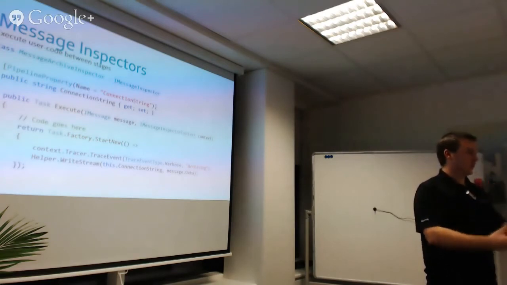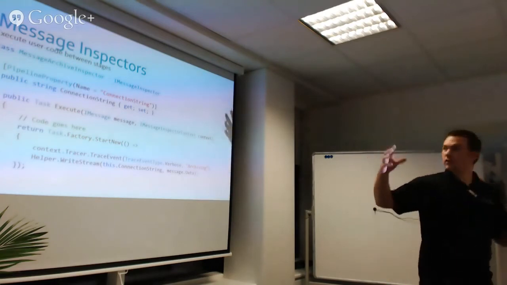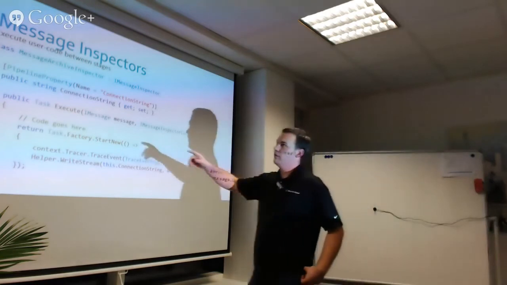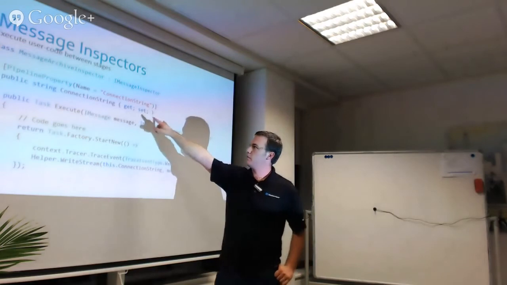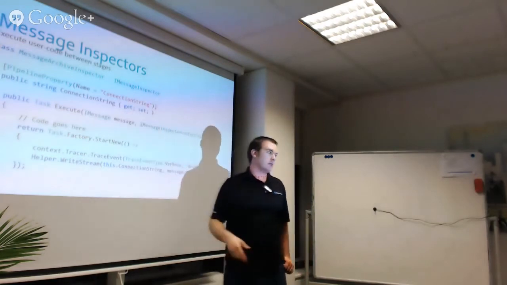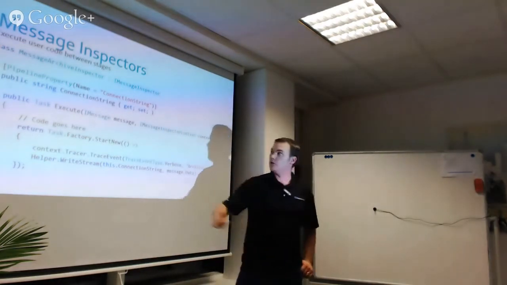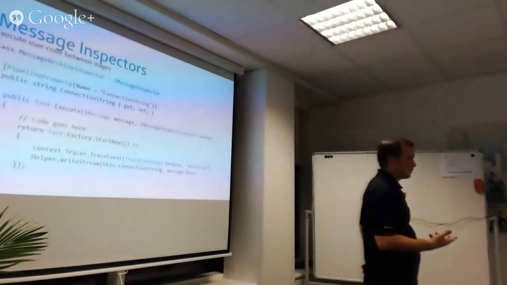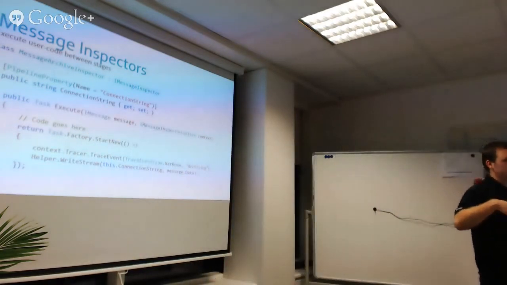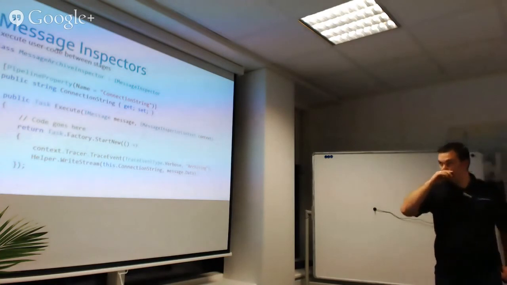So these are properties that I want to configure outside of my components. For that, you need to tag them with a pipeline property attribute, and you give them a name. They have to be public. They have to be string. So integers, not possible, for example. They have to be string, for whatever the reason. If you want something else, you need to do the casting yourself.